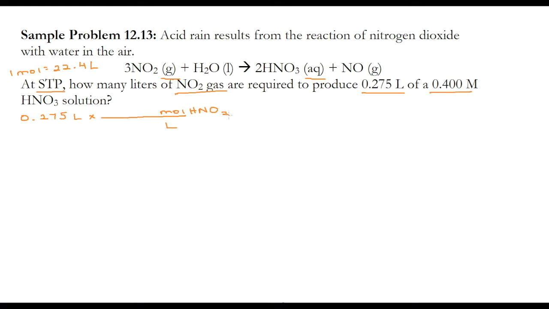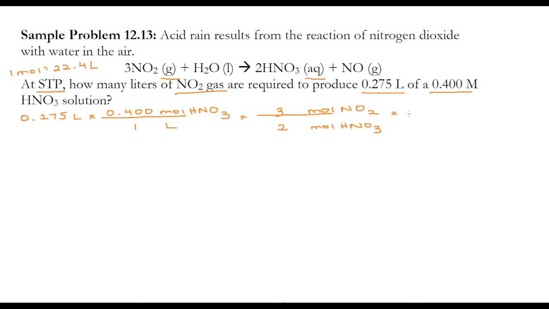So again, moles per liter, since I'm dealing with concentration, it's going to be 0.400 moles for every 1 liter. I'm going to get out of moles of nitric acid and into moles of NO2. I'm going to use my mole to mole ratio, which is 3 to 2.